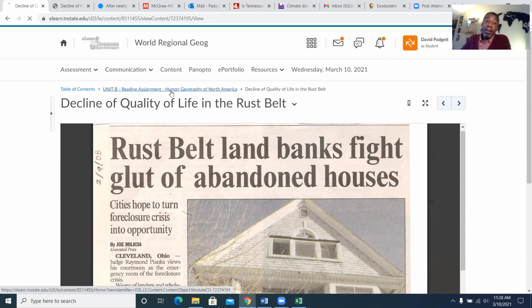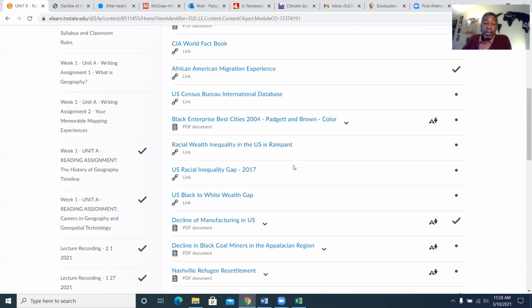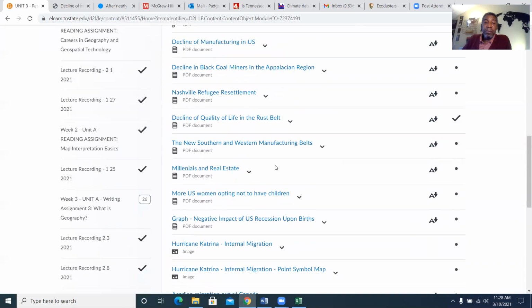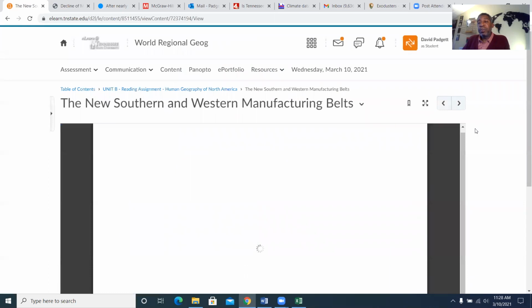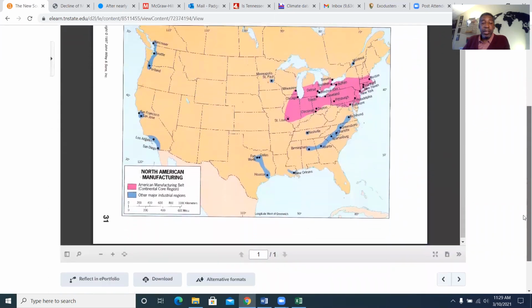Now, at the same time, while quality of life was declining, we in the North started to see somewhat of a shift in opportunities, specifically opportunities in the manufacturing sector in the South.